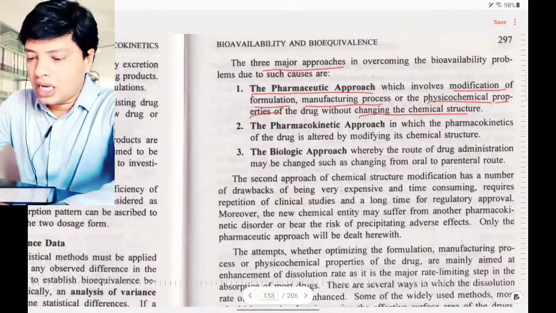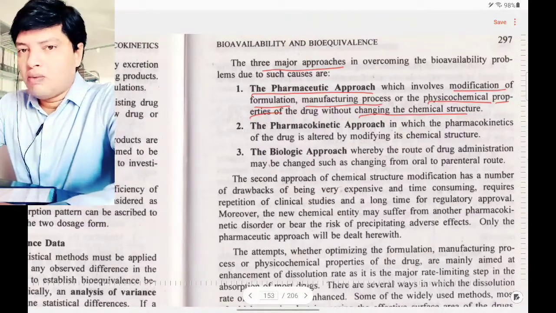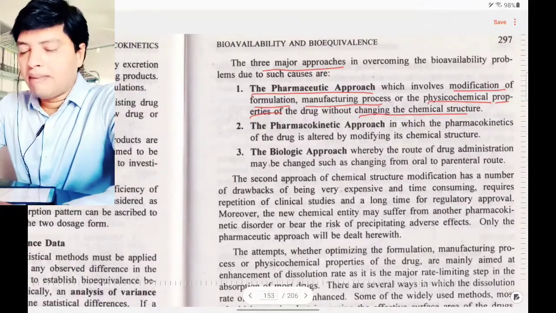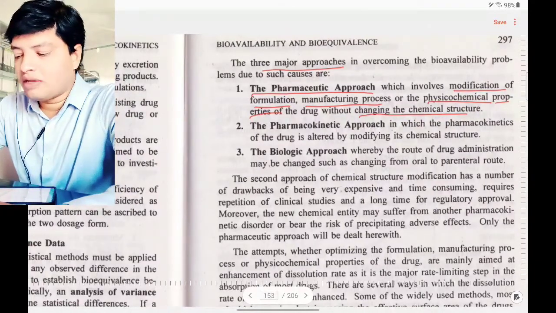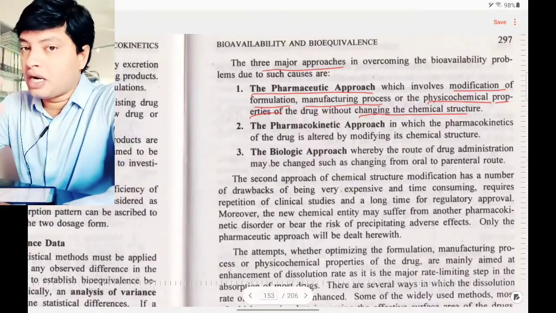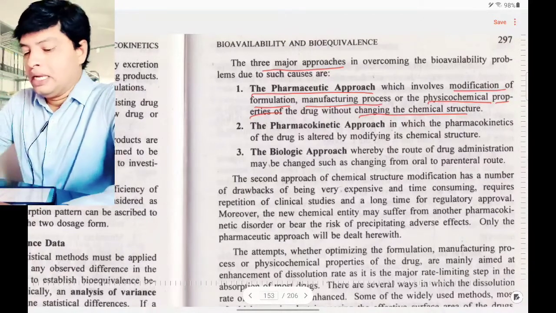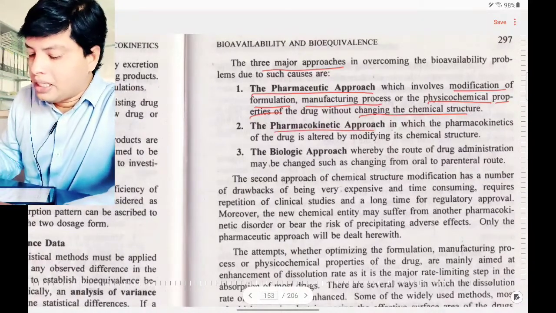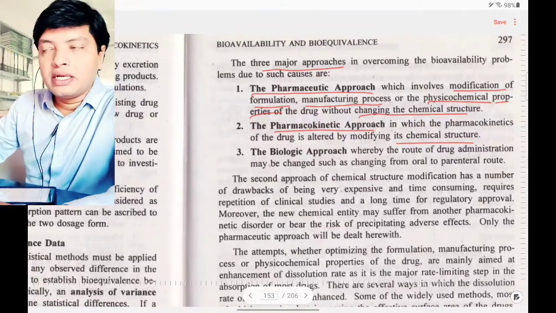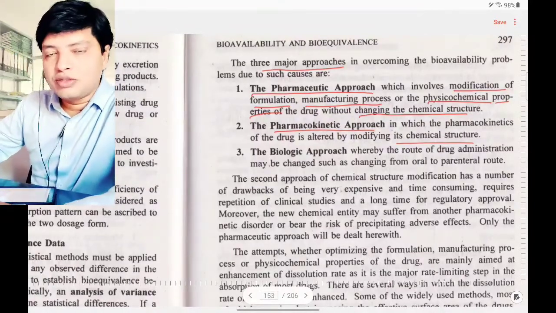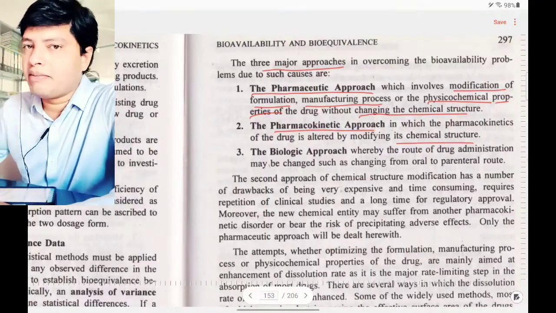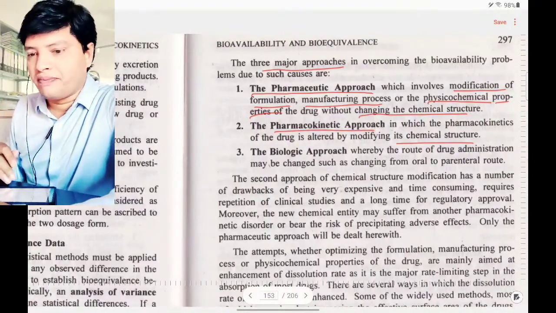We are not changing the structure here. Next, the pharmacokinetic approach. Here you need structural modifications, so you can increase the absorption, distribution, metabolism or excretion of the drug. That is the pharmacokinetic approach, by modifying its structure.